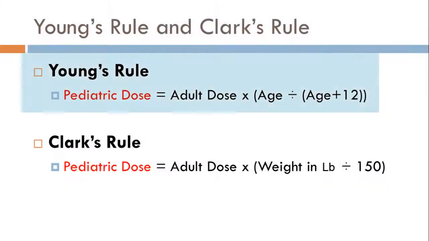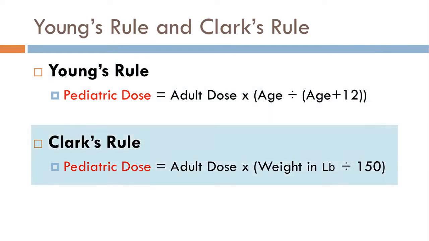Young's rule is fairly easy. It's the adult dose multiplied times the age divided by the age plus 12. That is Young's rule. Adult dose times age divided by age plus 12. Clark's rule is a little bit different.